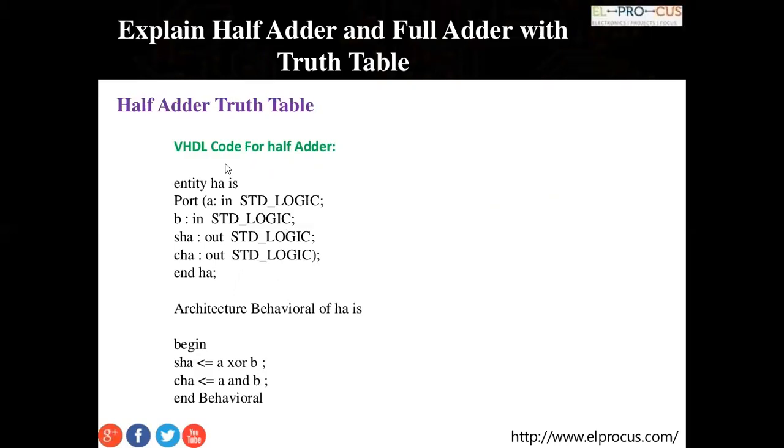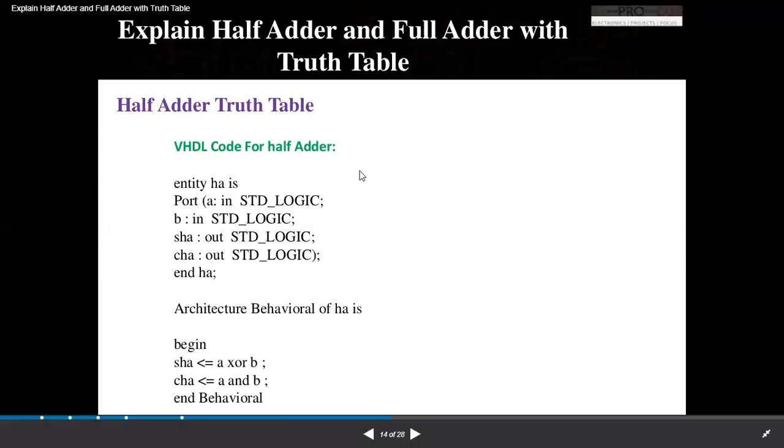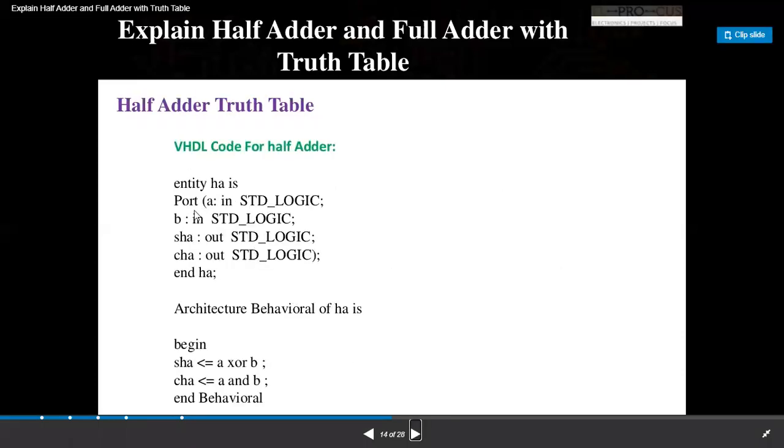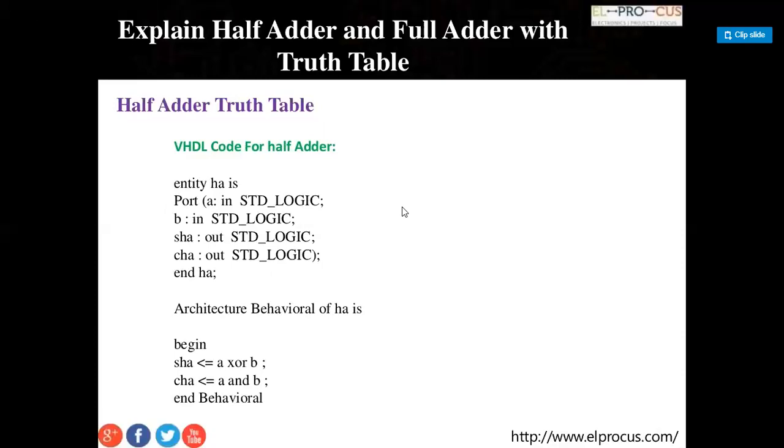Firstly we define the entity, and in the previous one we gave a name to that entity, here the half adder. In that entity, what are we defining? We are defining the input and output ports of our digital circuit, and in this digital circuit we are using the half adder.